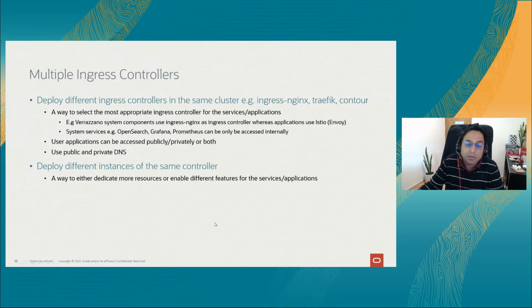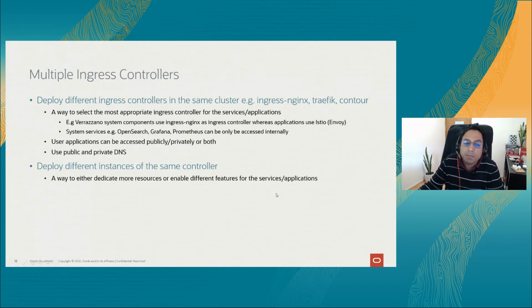Another reason why you want to use multiple ingress controllers is that you want to deploy different instances, but instead of different ingress controllers, you're going to use the same controller.